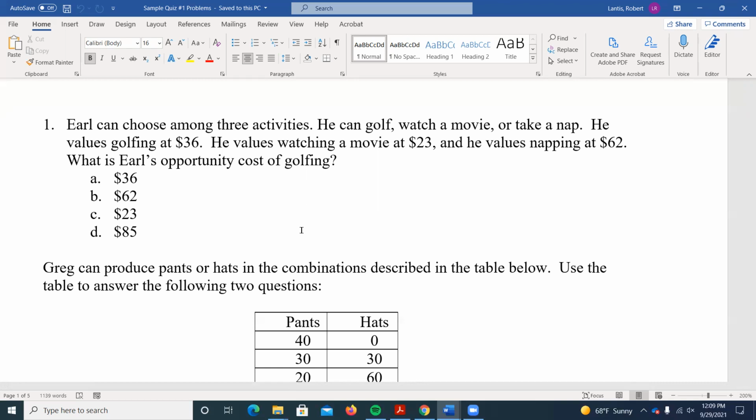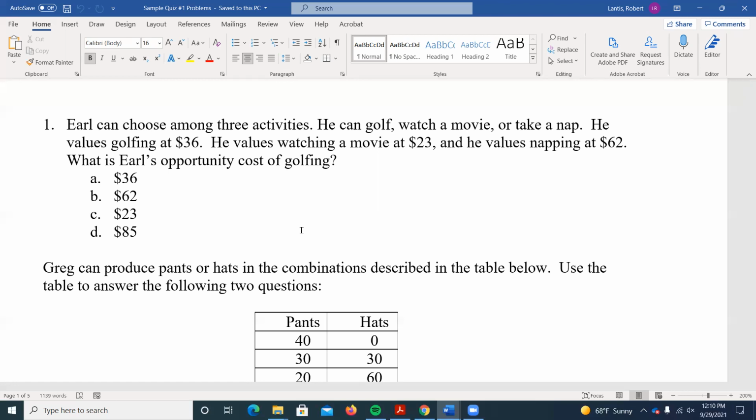If you wanted to think about the net benefits, it would be the benefit of golfing minus the opportunity cost. So if he would have chosen napping, what would his opportunity cost be? Well, the next highest value activity would be golfing, so his opportunity cost if he went napping would have actually been 36.